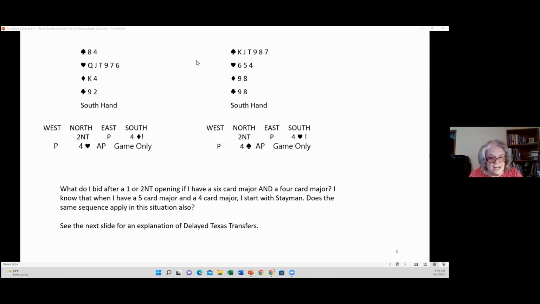It's only when you're very weak that you transfer to clubs, or if you have a whole lot of clubs or diamonds in your hand with scattered outside values and a lot of distribution, then you might want to play the minor suit slam, and you don't use a Texas transfer when you're looking for a minor suit slam.